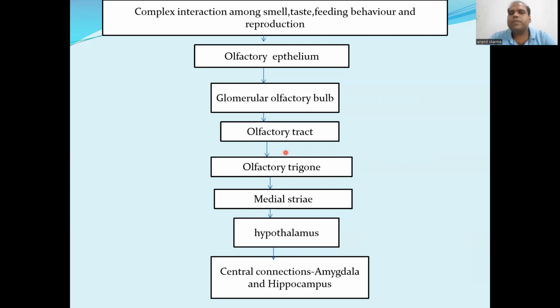This neuroepithelium transmits the signals to the glomerular olfactory bulb. From the olfactory bulb, the nerve fibers travel in the olfactory tract to the olfactory trigone, to the medial stria, then hypothalamus, and central connections, that is the amygdala and the hippocampus. Here we can assess the type of smell, or what the smell is of.